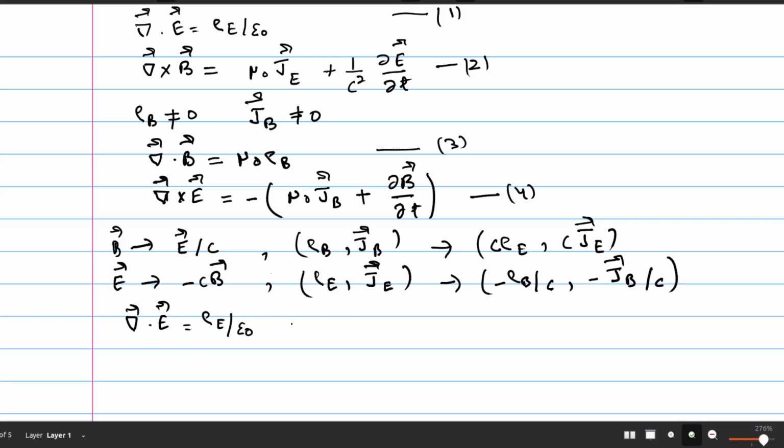In this equation we replace E with minus CB, so on the left hand side we get minus C divergence of B, and on the right hand side we replace rho E with minus rho B over C. We get C, and epsilon naught is already there, C times epsilon naught.